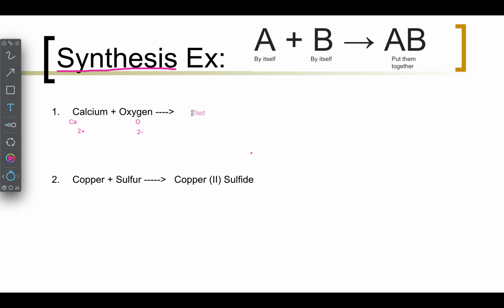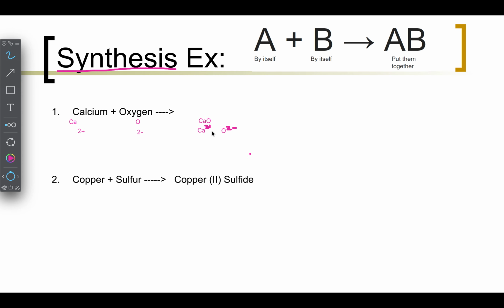Then we're going to predict the product. We know that these things are going to combine together, right? Because it's a synthesis equation. So it's going to be calcium, oxygen. That's step 3. And now we need to make sure that those charges are balanced, right? Because this is really calcium, oxygen, and then this calcium has a little 2+, and our oxygen has a little 2-, right?